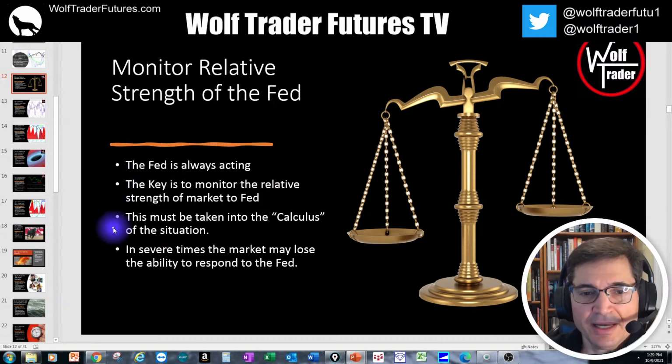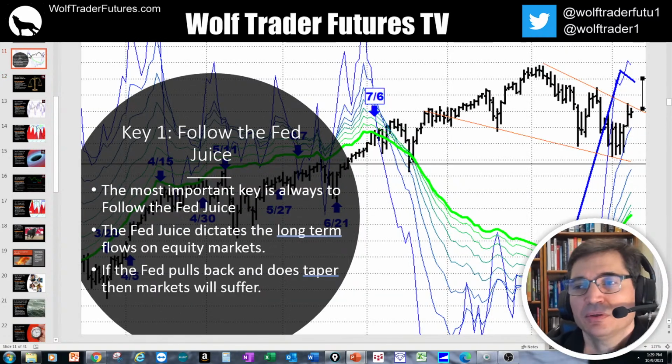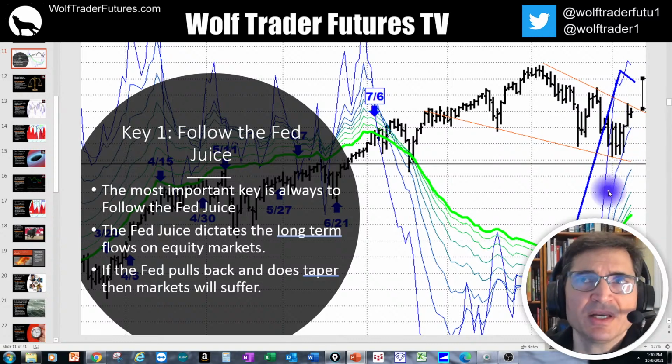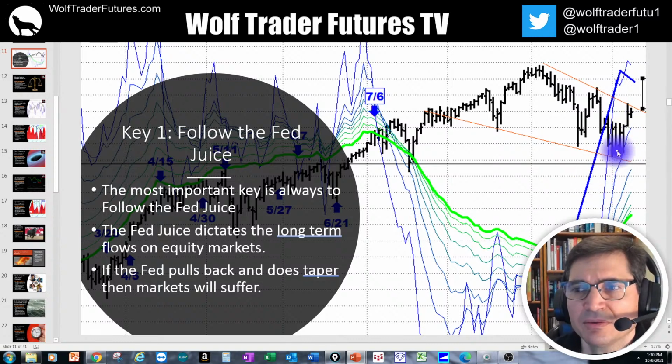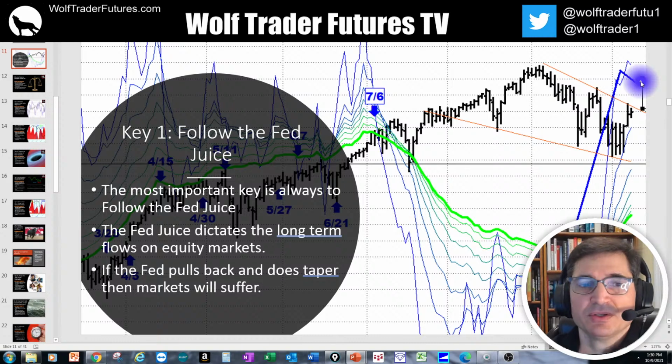The key is what happens when you get a situation where the Fed is increasing, but the market is barely going up. So you might say, well, that was a really strong rally we got on Wednesday and Thursday. But the question is, compared to what? Look at how much energy the Fed had to put into this, right?